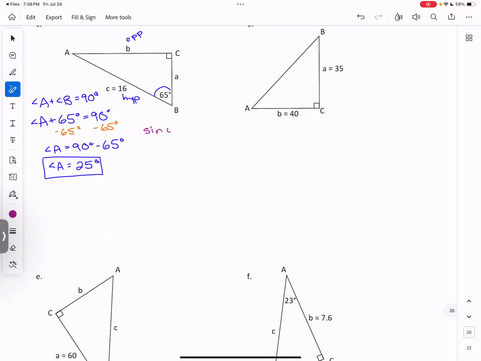Sine of any angle theta is opposite over hypotenuse. So sine of our angle 65 degrees is little b over 16. Let's multiply both sides by 16, and we get little b is 16 times sine 65. To the nearest tenth, I get 14.5.